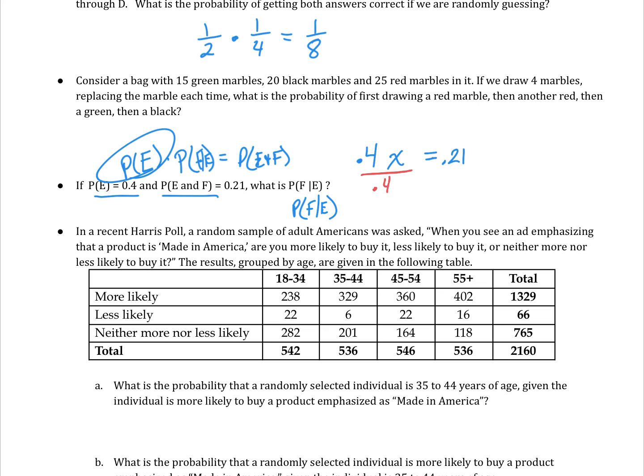So we divide by 0.4. And X equals 0.525. So our probability of getting F, given that E has happened, would be just under 53%.